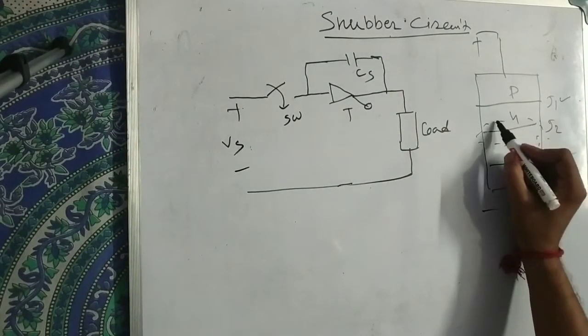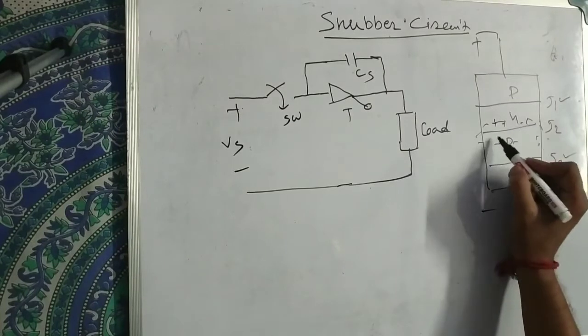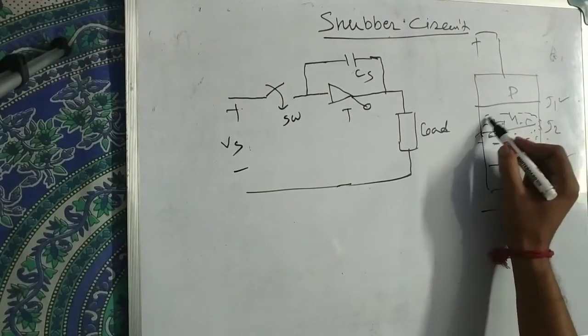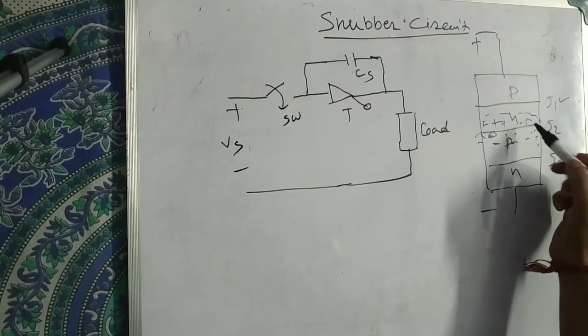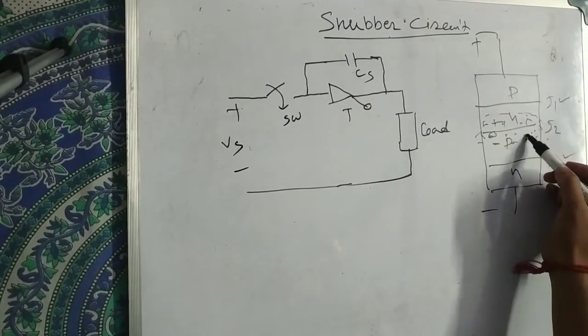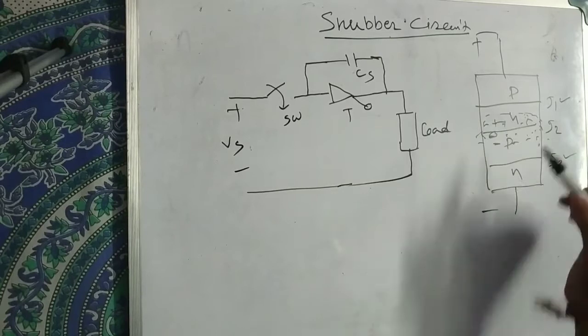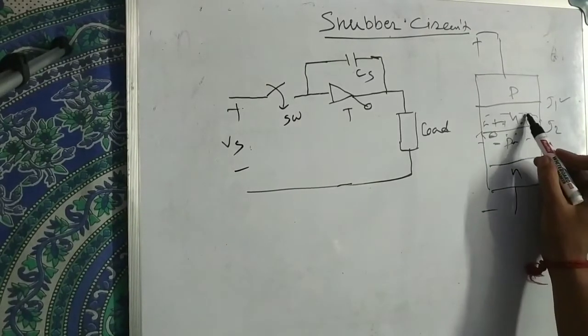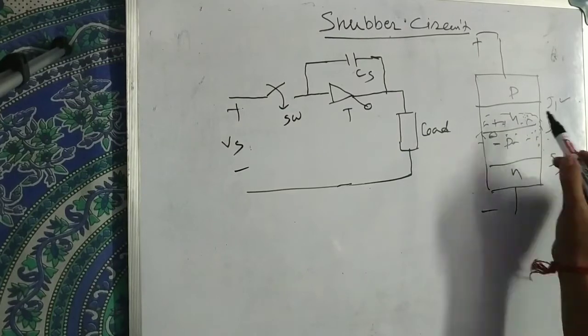Reverse bias means a depletion region will be formed, so charge will gather across this junction. If charge is gathered, there must be some potential difference, so there must be a capacitance formed across this SCR.